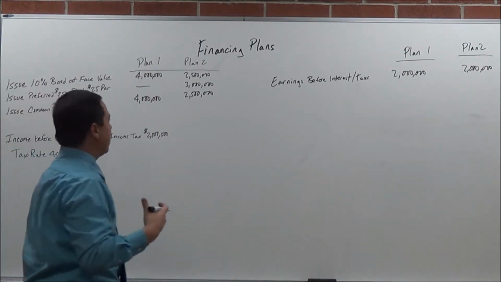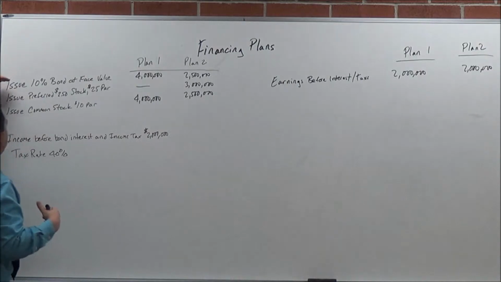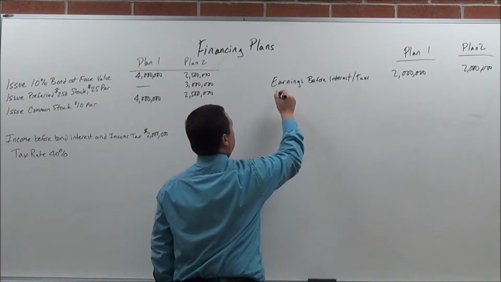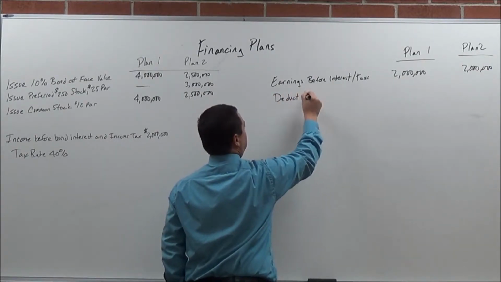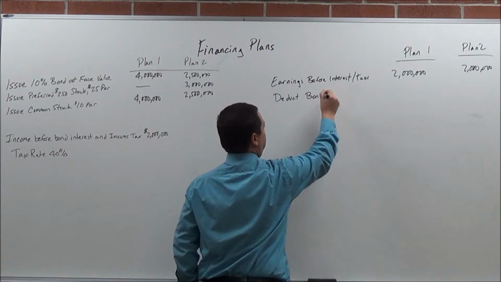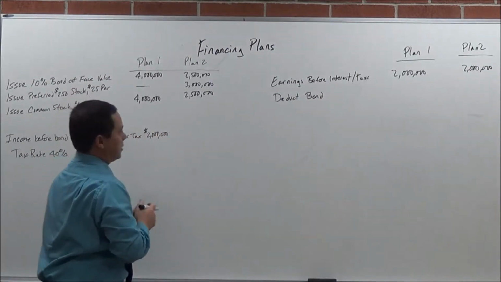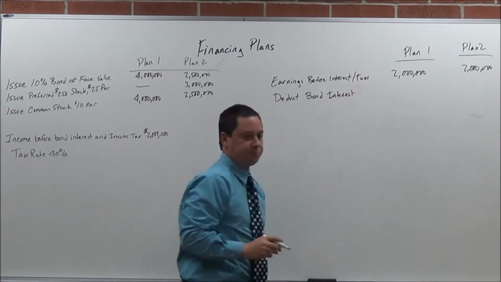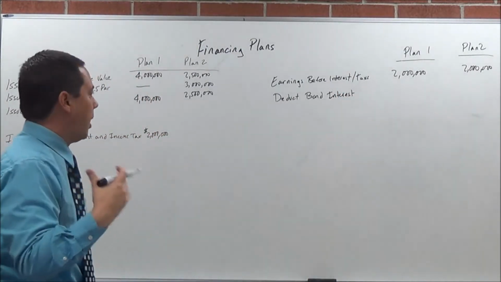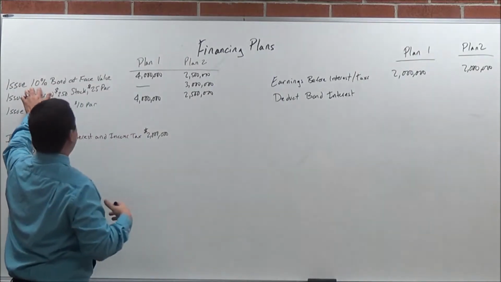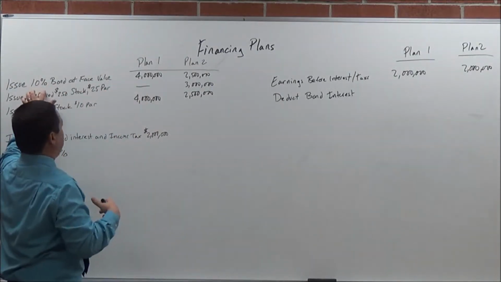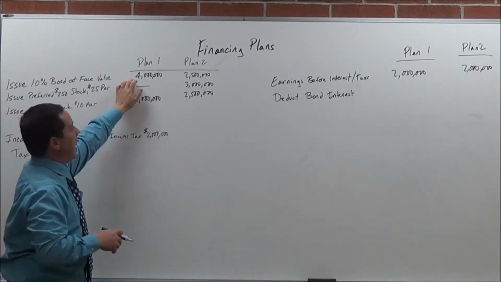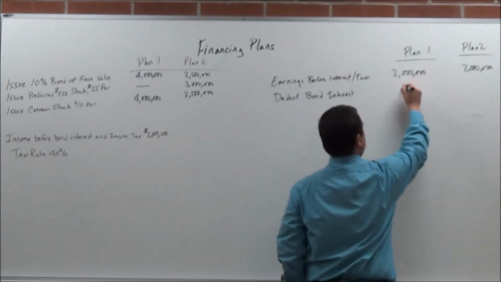Now we're going to move straight down here and deduct the bond interest, not the face value. If the interest rate is 10% on $4 million, 10% times that gives me 400,000.